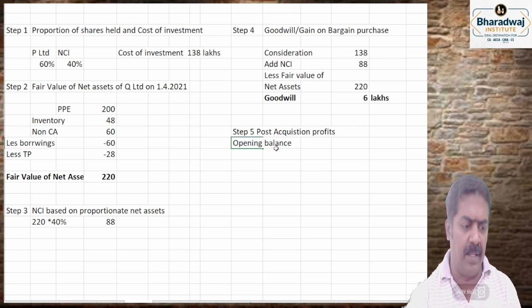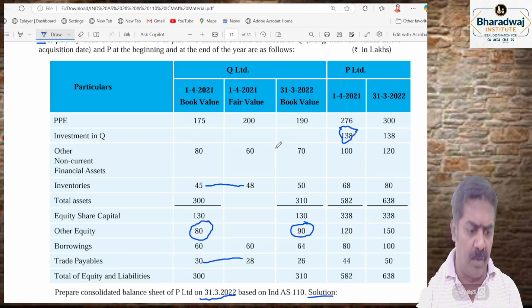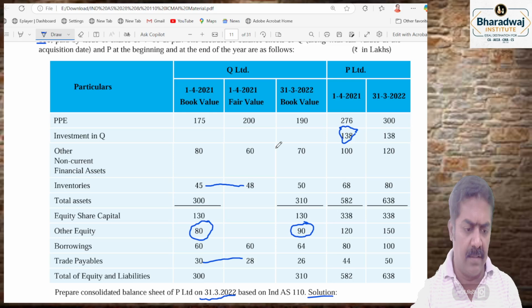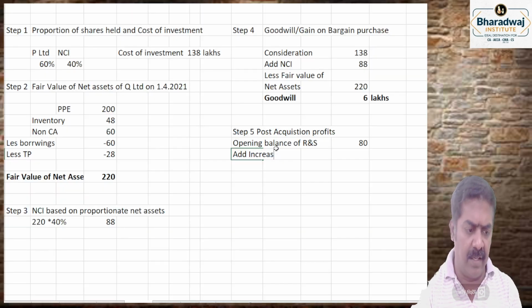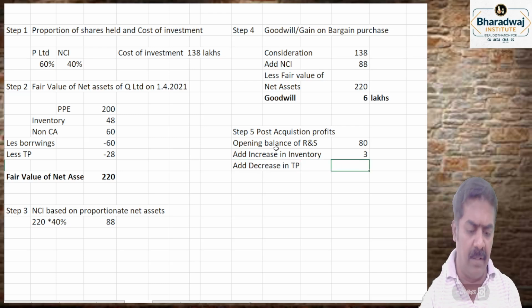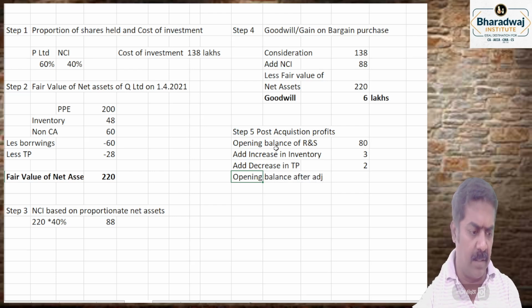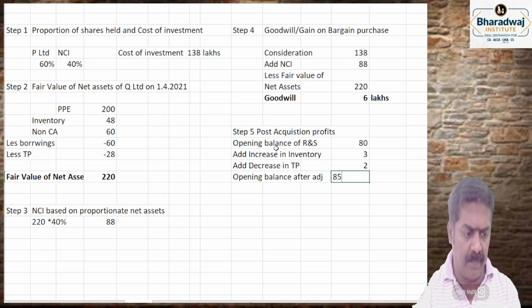Opening balance of reserves and surplus. How much is given? 80. Add increase in inventory 3, because it will increase your profit. Add decrease in trade payable 2. So opening balance after adjustment, how much? 85.